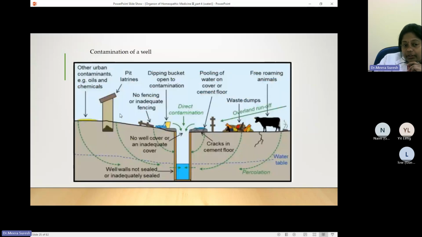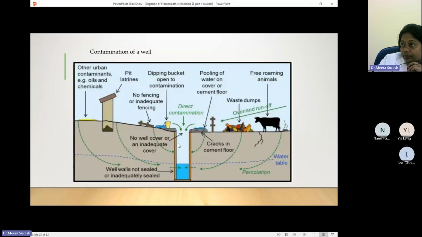Even if the pit latrine is at a higher elevation, if we manage the distance between the pit latrine and the shallow well, and the well is lined properly with stones and cement, then contamination is not easy, because it is not going to percolate easily through that thick cement layer.